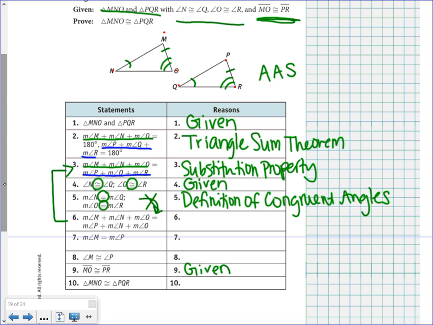O is the same. P is the same. But here's what changed. Q changed to N, and R changed to O. And that's what we were given in 5. So that's how we know that they changed, that they're equal. And so that is, again, using the substitution property.